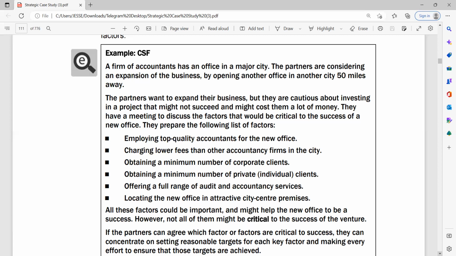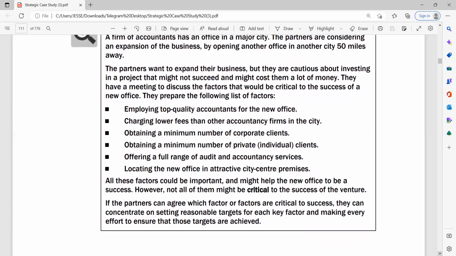Offering a full range of accountancy services and locating the new office in very good premises. Right, so all these factors are critical to the success of this organization. So basically, they've come up with the things they need to do in order to succeed in the market.